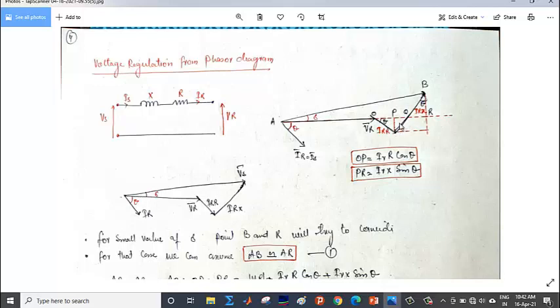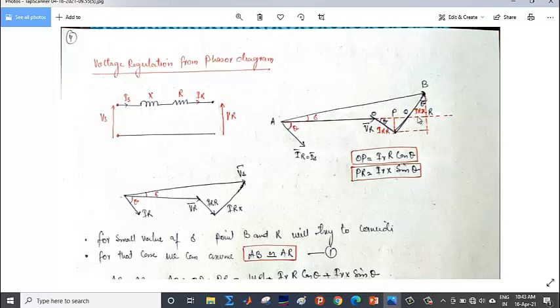This angle will also be equal to 90 minus theta in this triangle OBQ because they are vertically opposed angles. And when this is 90 minus theta, this angle is 90 degrees, so this will be again theta. Keeping these things in mind, you can see that this OP will be equal to the cos component of this voltage phasor.